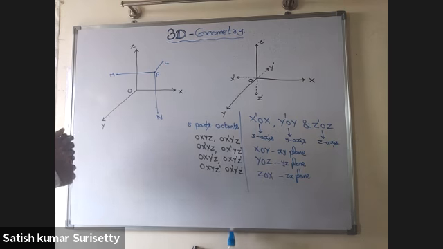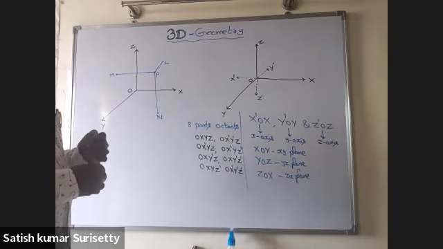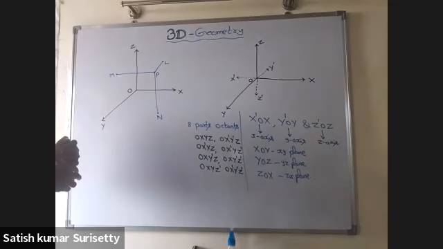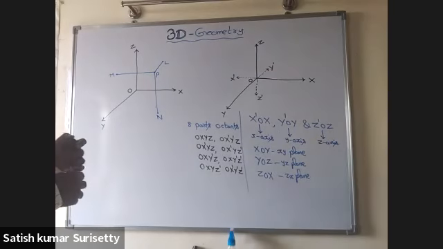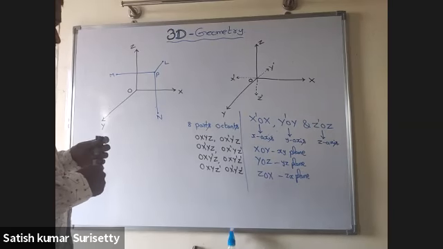Or, if a plane parallel to YZ plane passing through P intersects the x-axis, then the directed distance of that point from origin is called x coordinate.